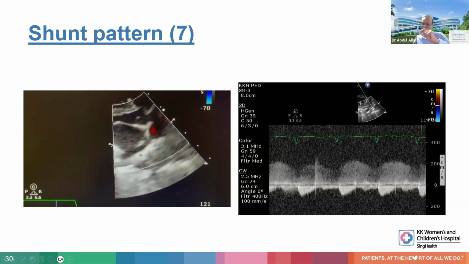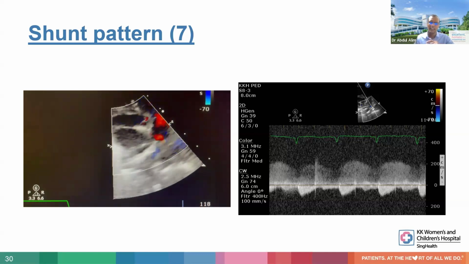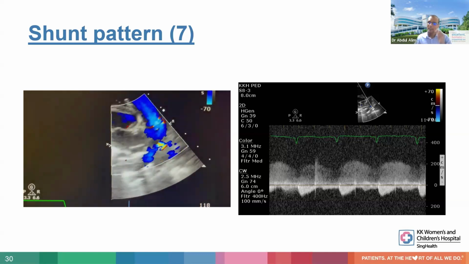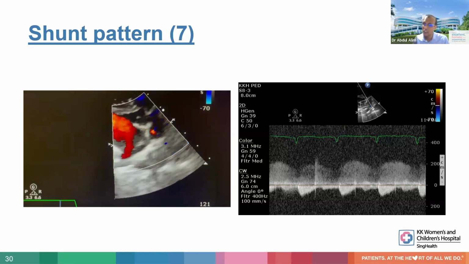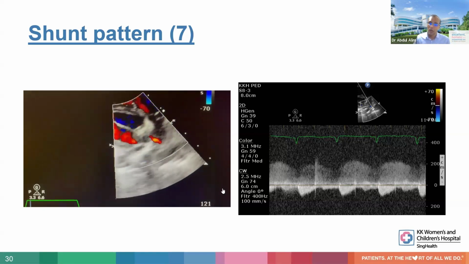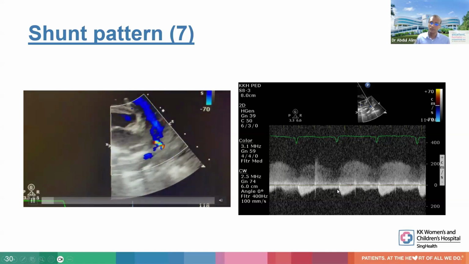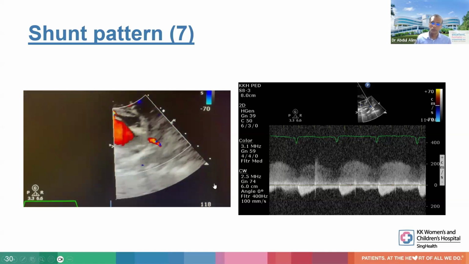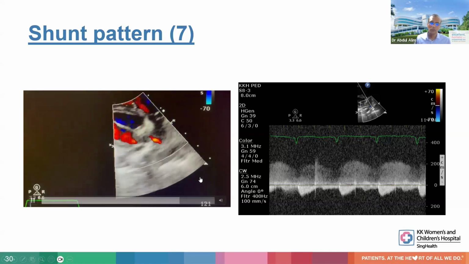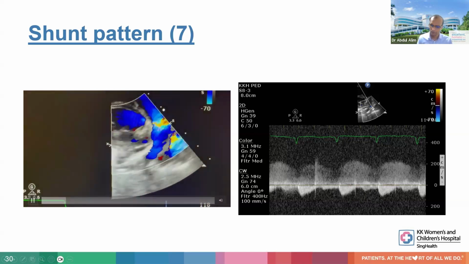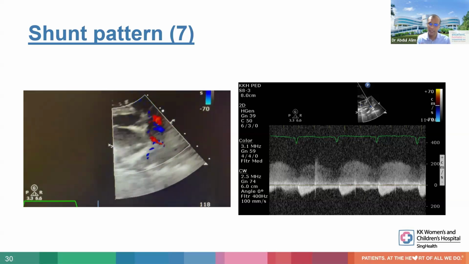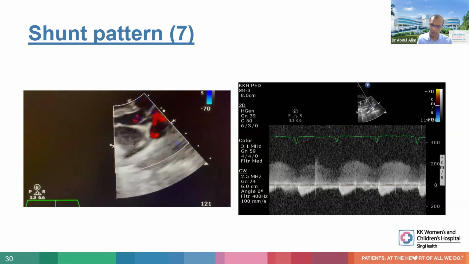So the ratio is very small, which means it is not a hemodynamically significant PDA, but the low velocity indicates the pulmonary pressures are high. So this is a small, closing PDA, but with pulmonary hypertension.